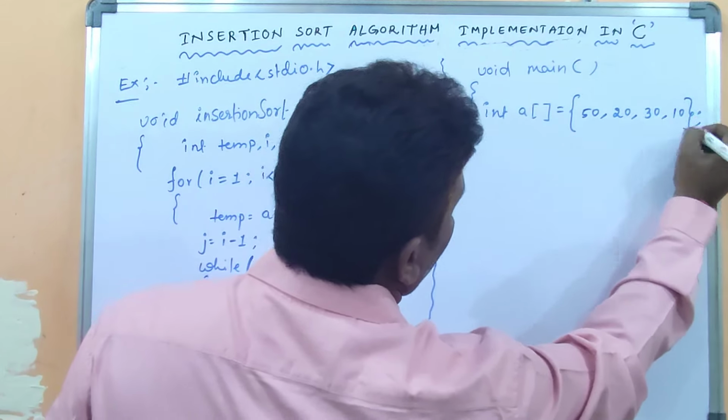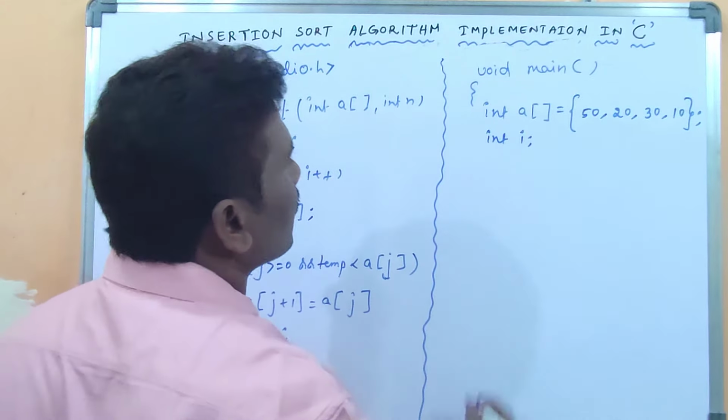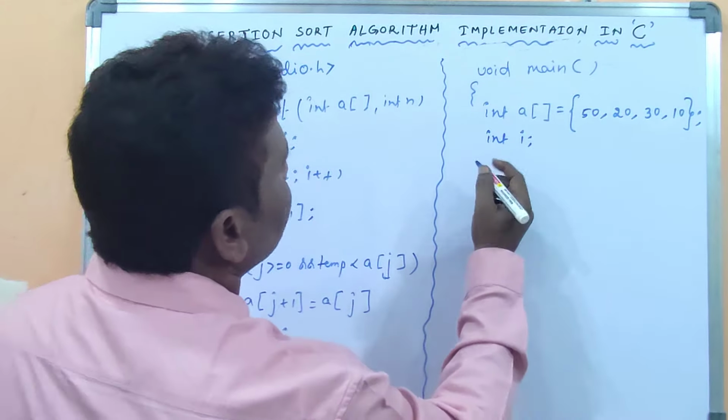Then after that, int i will be declared. Before starting, printf before sorting. Okay, it is not required, directly we will display the elements after sorting, because you know what the elements will be. 50, then 20.